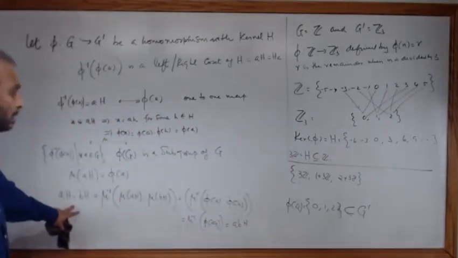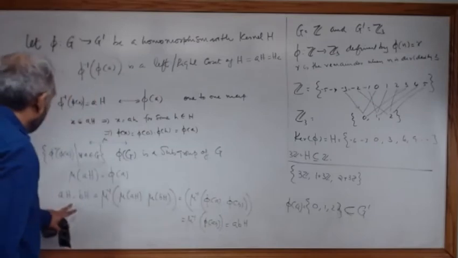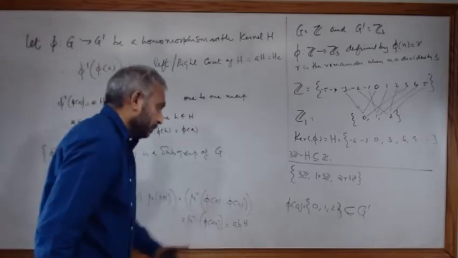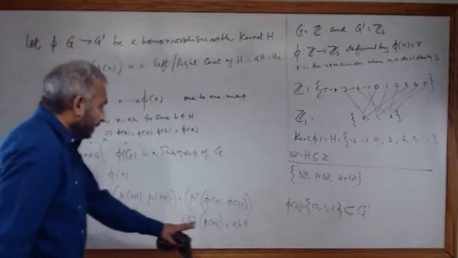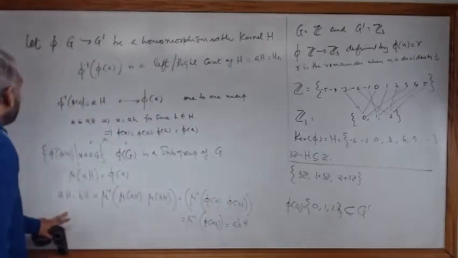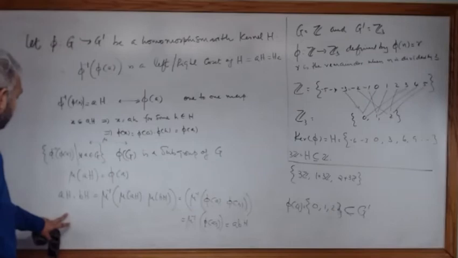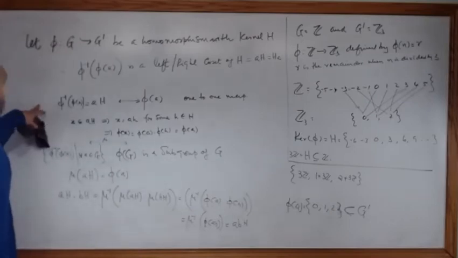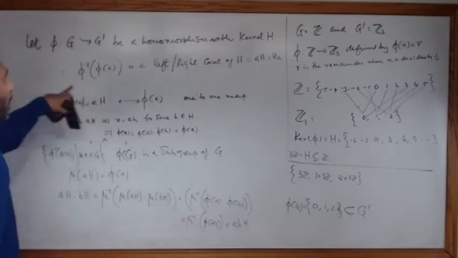So this is the binary operation we are going to define. When you define it like this, it automatically becomes a binary operation on the collection of cosets of H.